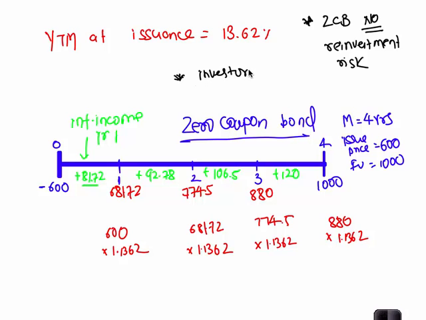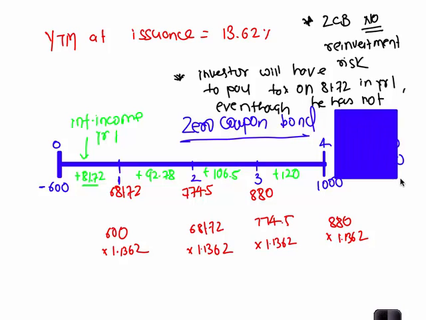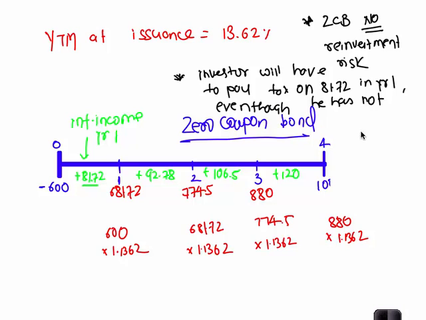the investor will have to pay tax on 81.72 in year 1, even though he has not received cash.